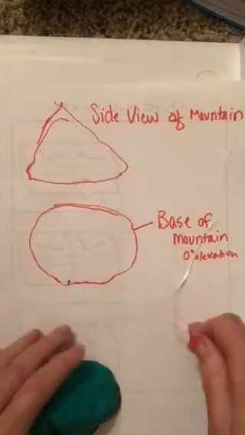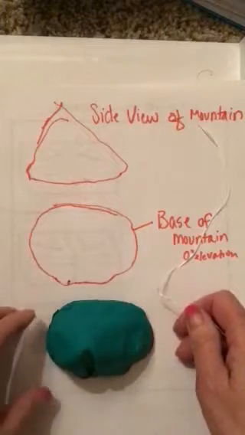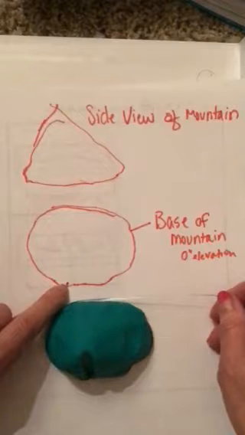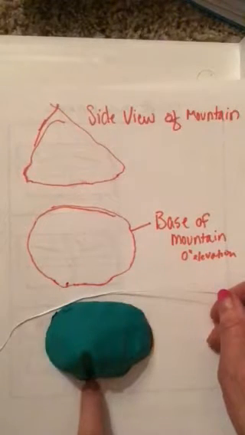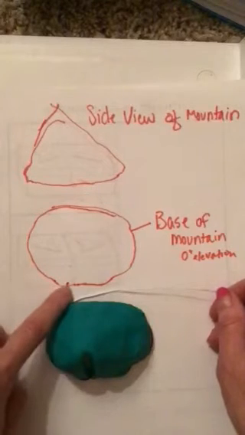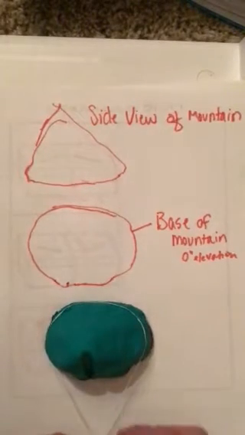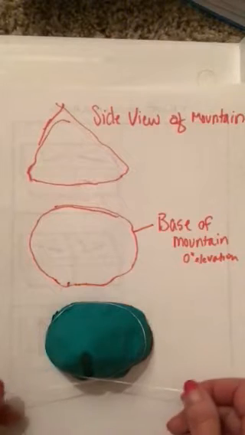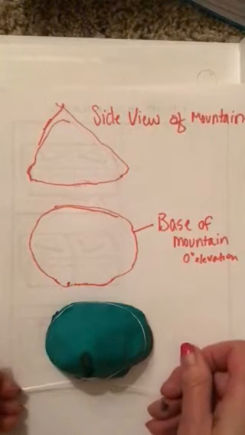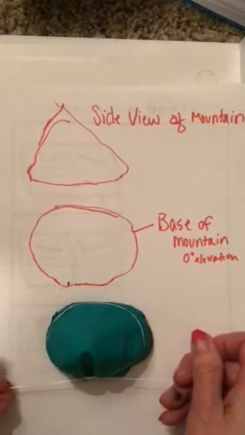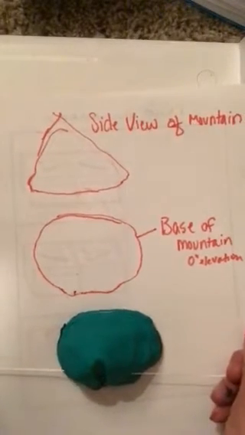Now I'm going to take my mountain, and if you see right here, this little thing indicates where my stream or my runoff was flowing down the mountain, and I can see that that's where it comes off the base. So now I'm going to take my dental floss, and I'm going to go up about a centimeter, and I'm going to cut into my mountain like this.